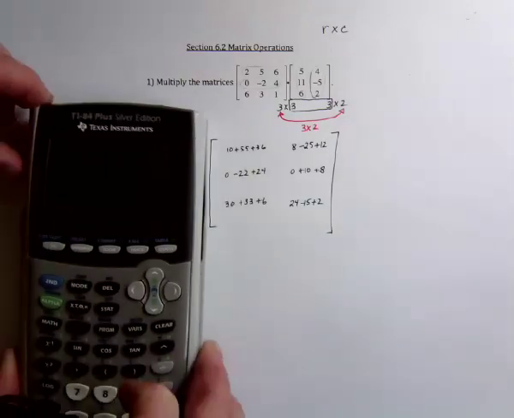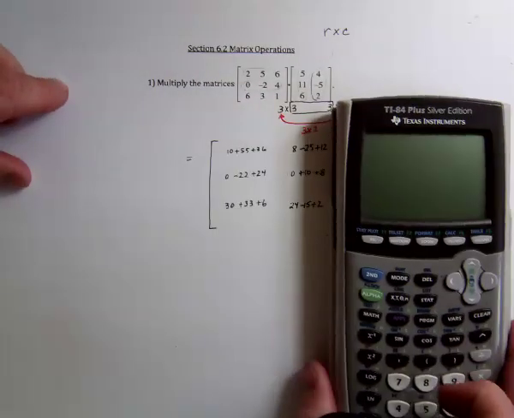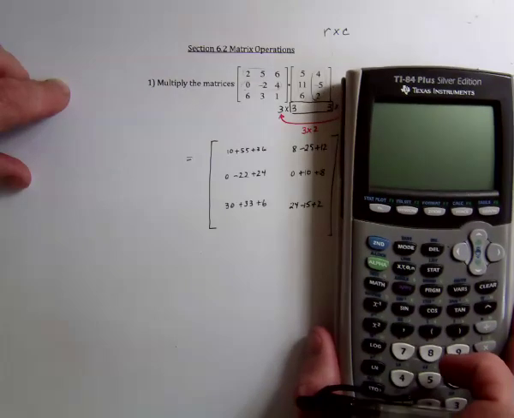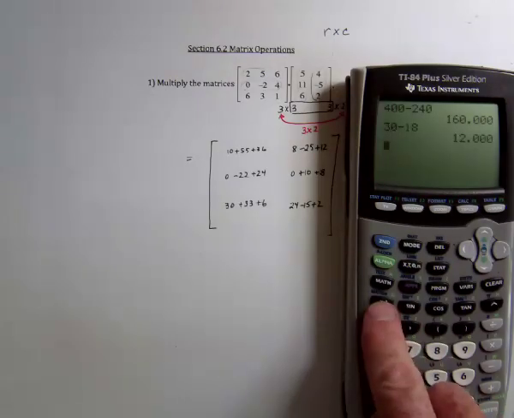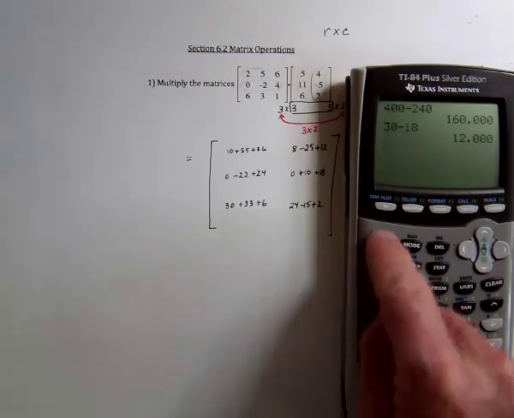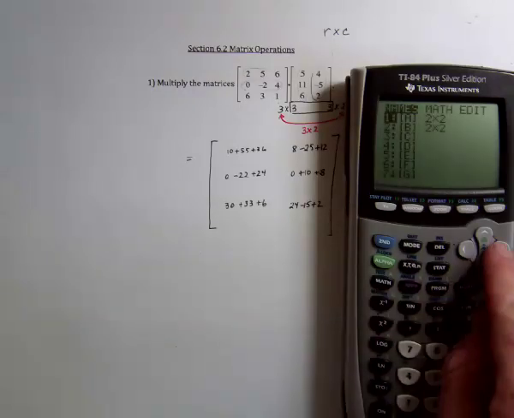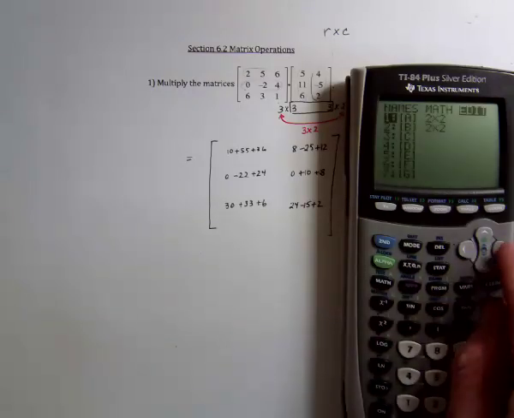And then let me show you just quickly how to do that on the graphing calculator. So over here are matrices. So go to second matrix and move over to edit.